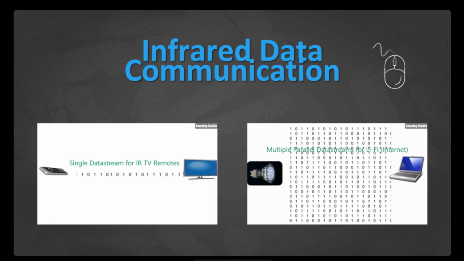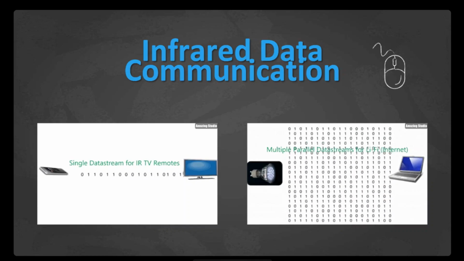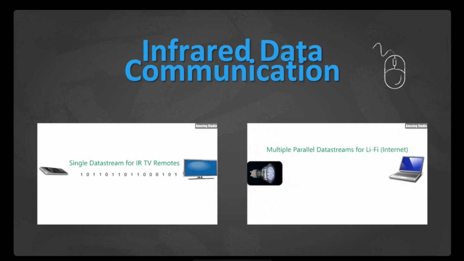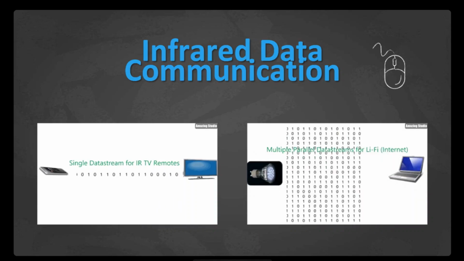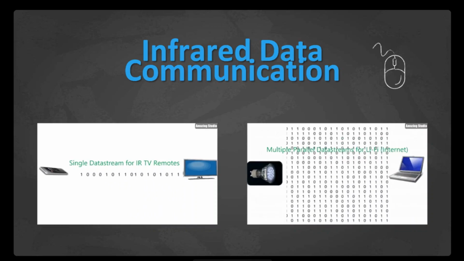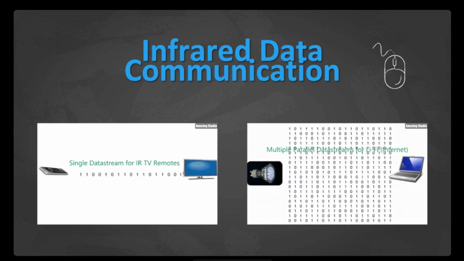An example of that: you push the volume up button on your remote. Each button will have a unique data stream associated to it. So you push the volume up button, it sends out whatever that data stream is. The TV picks that up, recognizes that data stream as, oh, that's the volume up button, and it will then perform the volume up. That can be changed to any button.